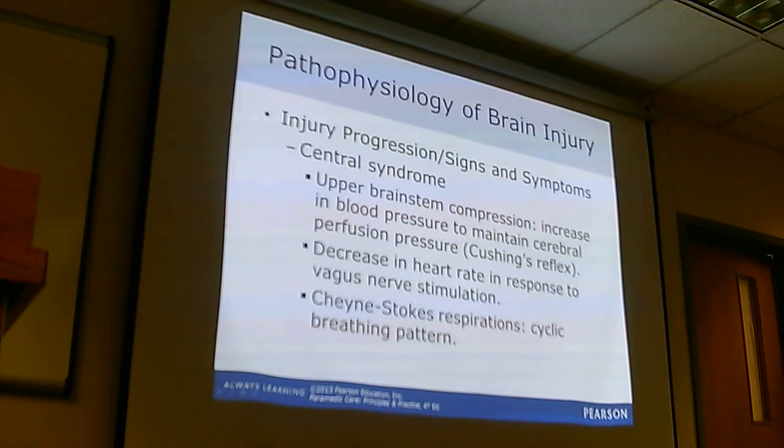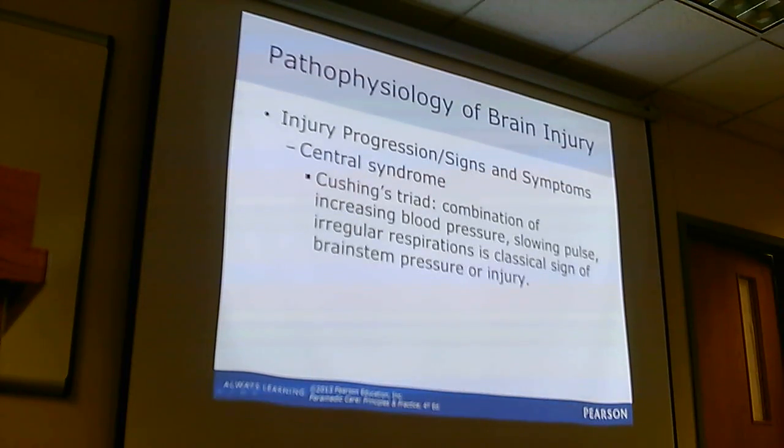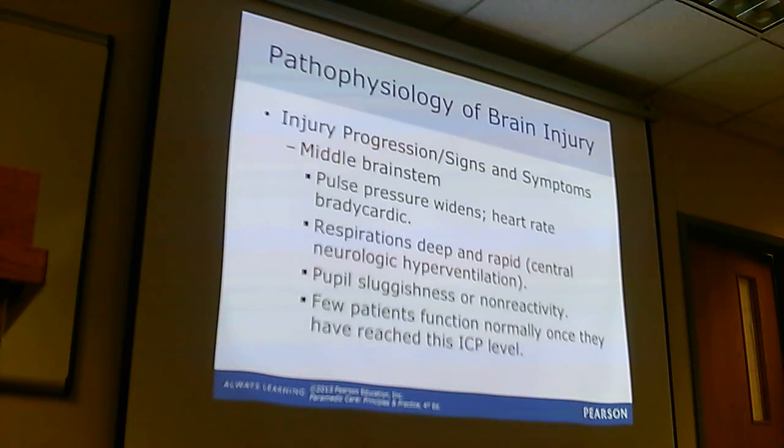So with that Cushing's triad, it's any type of disordered control of breathing, whether it's Cheyne-Stokes or Biot's breathing. And here it is talking about Cushing's triad again: a combination of increasing blood pressure, decreased heart rate, and irregular respirations. I've said that multiple times, so it must be important, right? Okay.